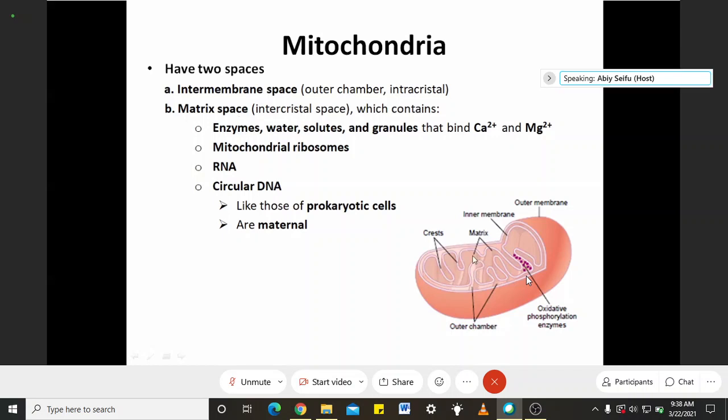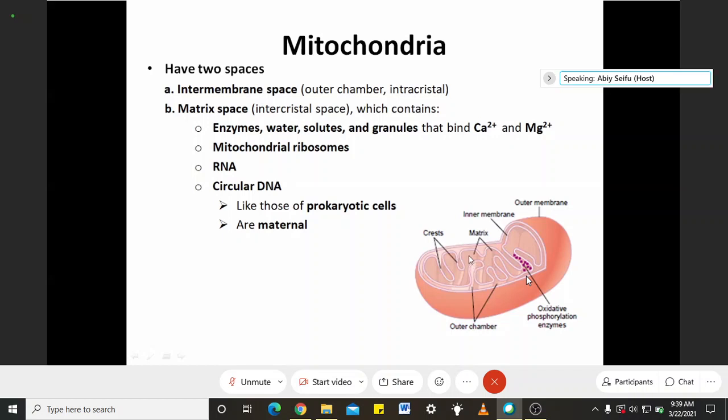This matrix is the biggest, and it contains several enzymes, water, solutes, granules, as well as calcium and magnesium ions. Not only this, the matrix also contains ribosomes, RNA, and more interestingly, it also contains DNA.